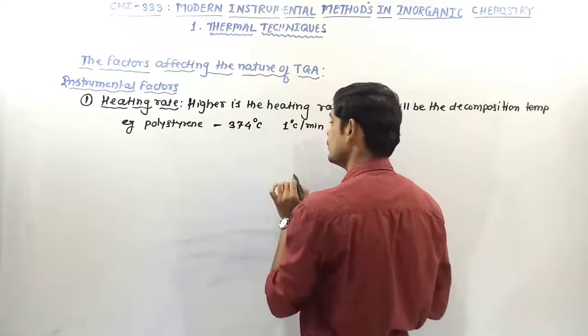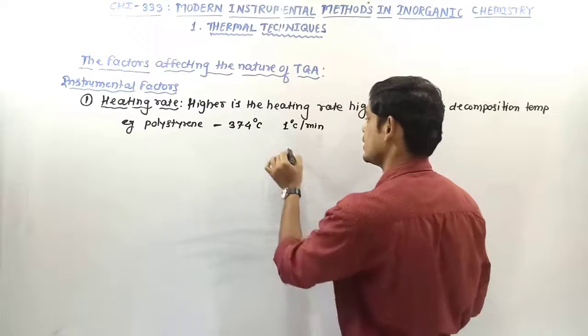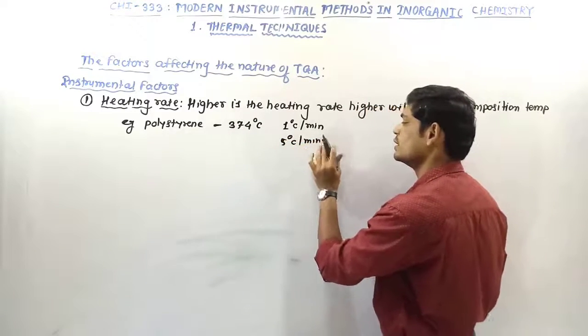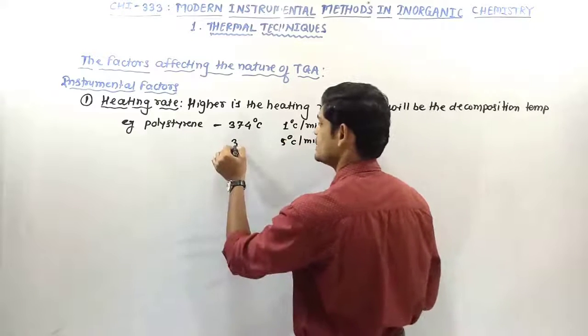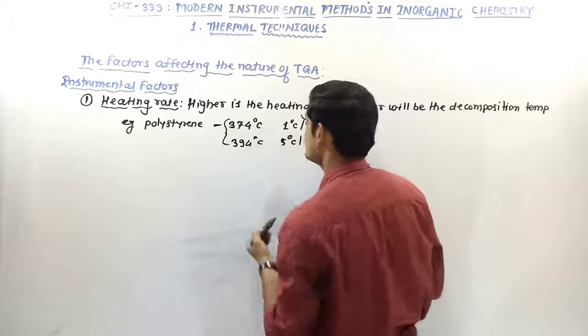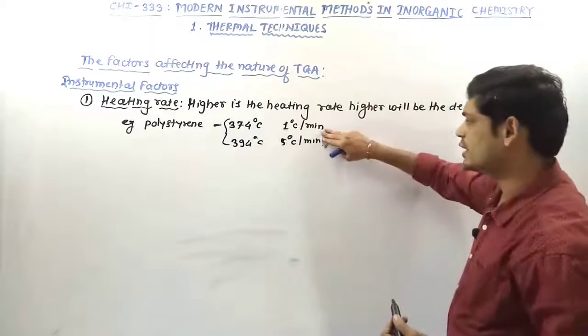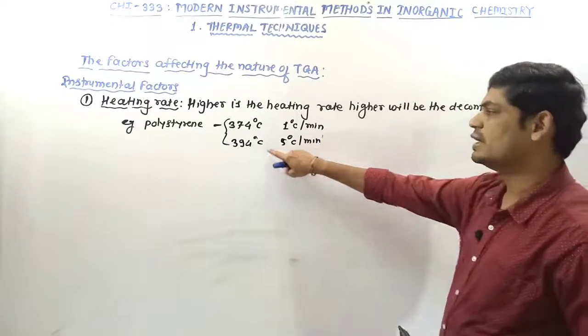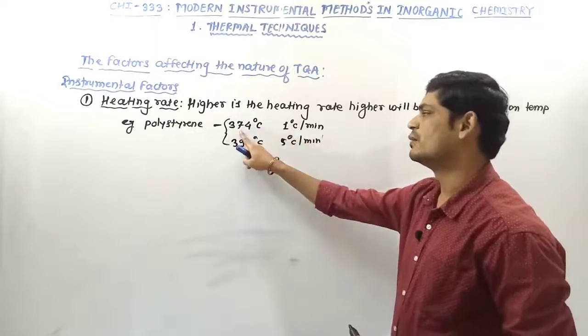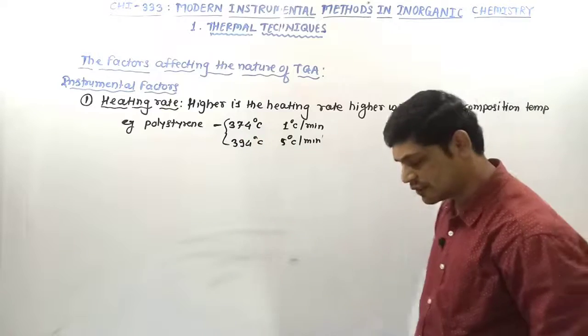And if we heat the polystyrene at about 5 degrees Celsius per minute, then the decomposition temperature is 394 degrees Celsius. These two values indicate that if we increase the heating rate, the decomposition will take place at higher temperature. If the heating rate is lower, obviously the decomposition temperature will be less.